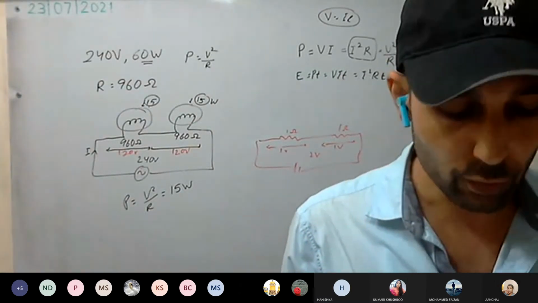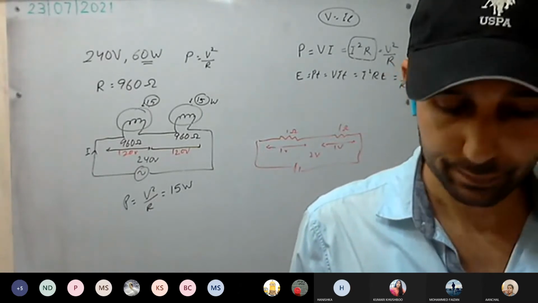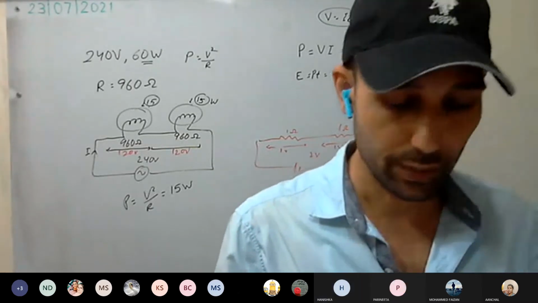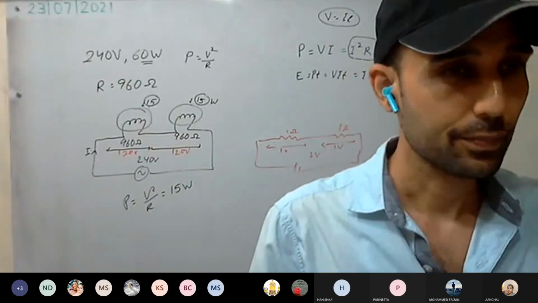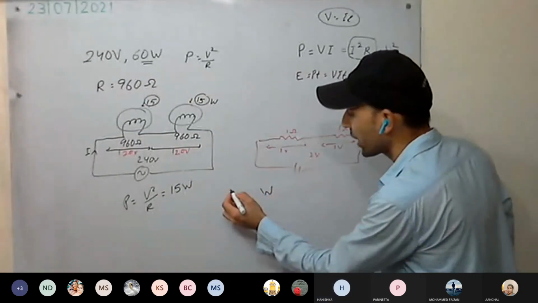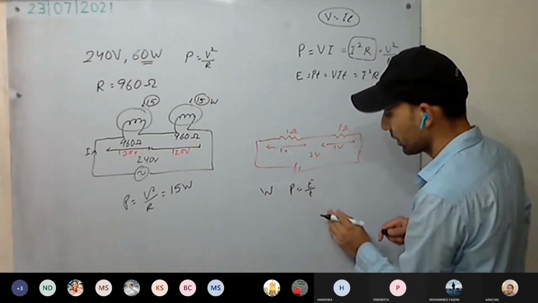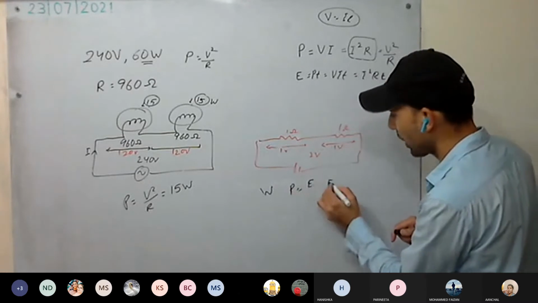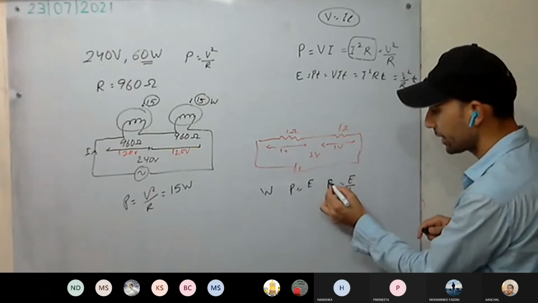It's joule. How is it related to watt hour? 1 watt hour equal to 3600 joule. Understood? Yes, sir. SI unit is joule. Okay, how is it related to watt hour? Power equal to energy by T. Joule per second is the power.